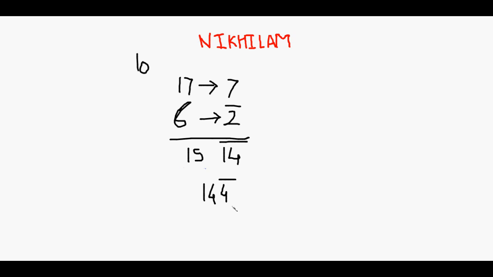Now as I have stated earlier, we have to subtract it from 10, so we will get it as 6 and 1 bar is given here to the next digit, 136. So multiplication of 17 and 8 gives 136.